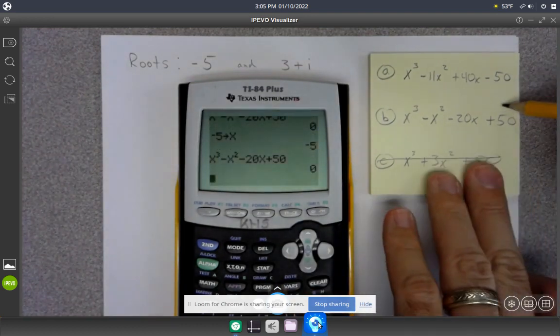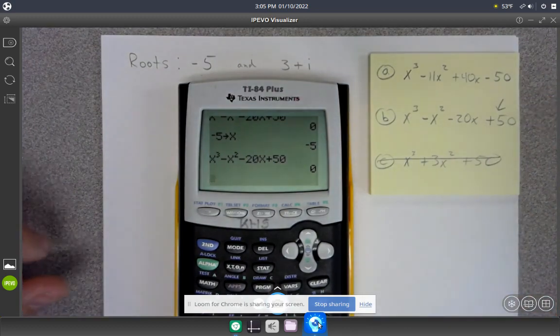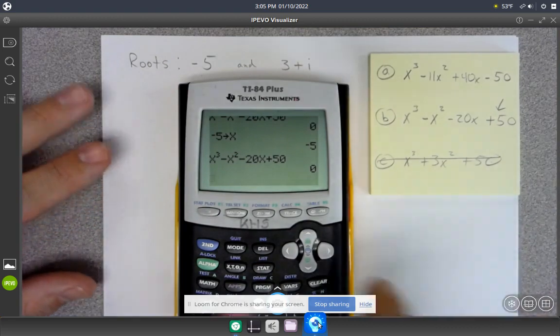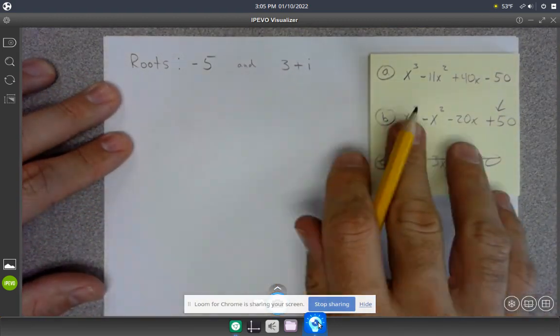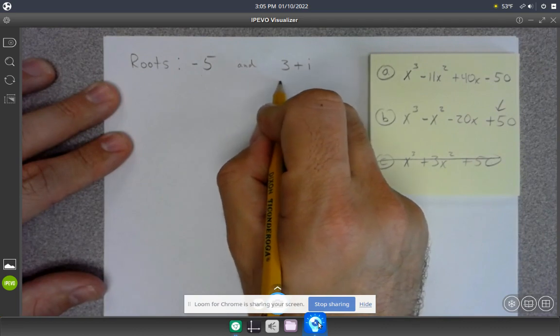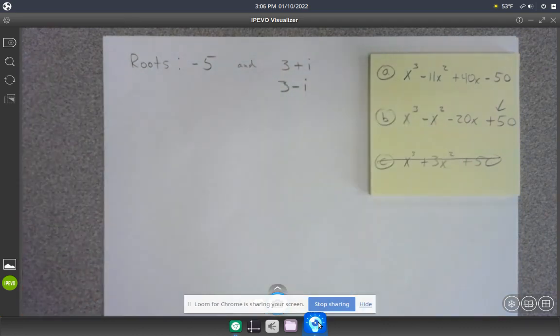All right, so this right here, B, is my solution. This is the polynomial that has -5 as a root. It has 3 plus i as a root, and because of the complex conjugate root theorem, 3 minus i is also going to be one of the roots. All right. Remember, these always have to come in pairs here.